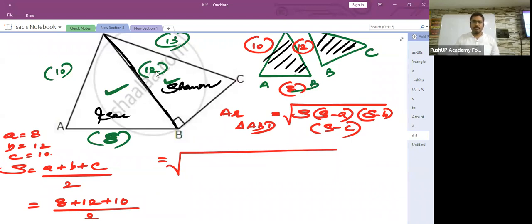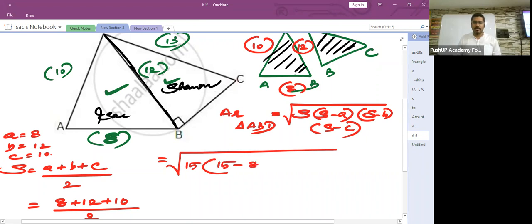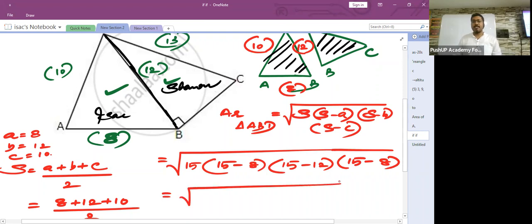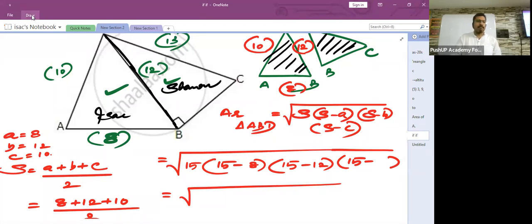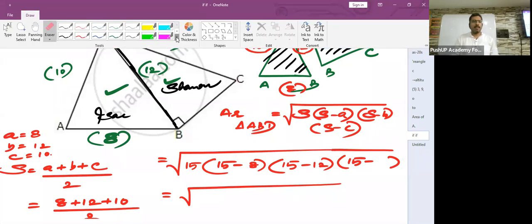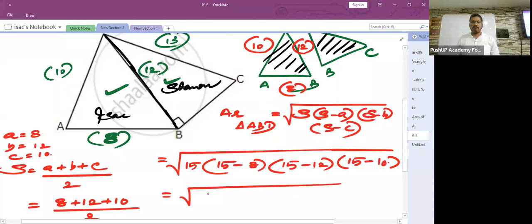So semi-perimeter is 15, into S minus A, that is 15 minus 8, into 15 minus 12, into 15 minus 10. So 15 into 7, 3, and 5.